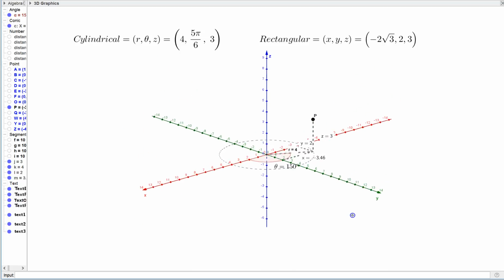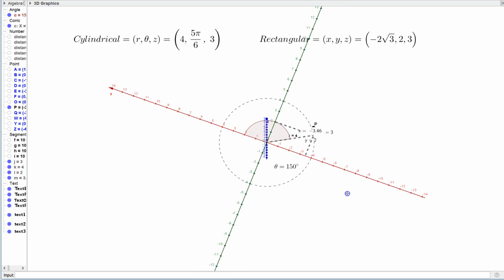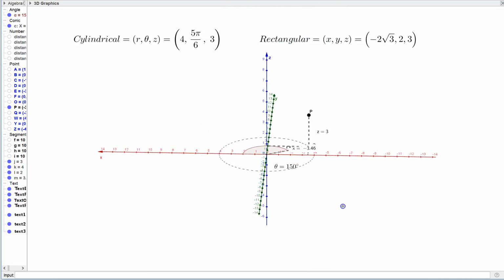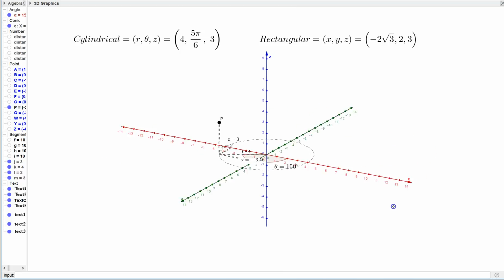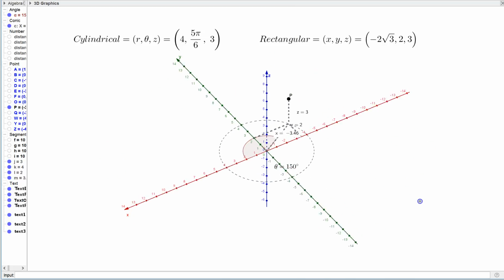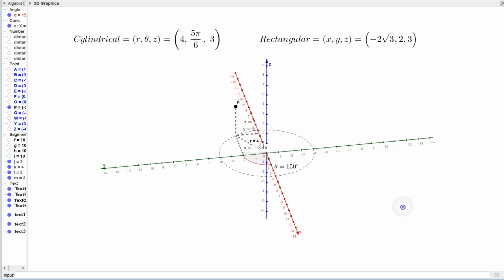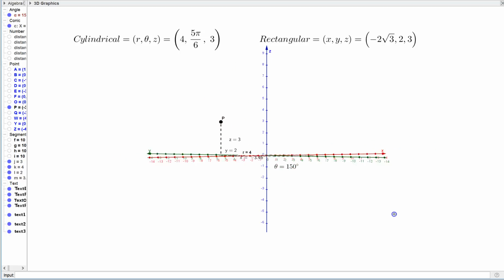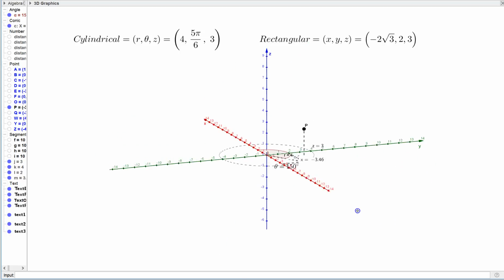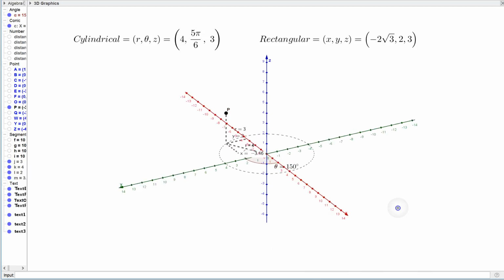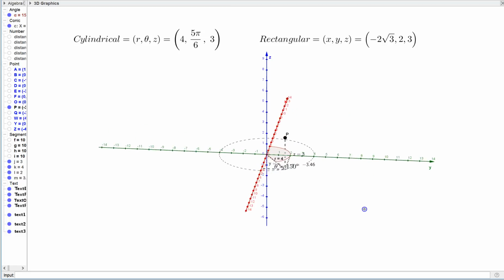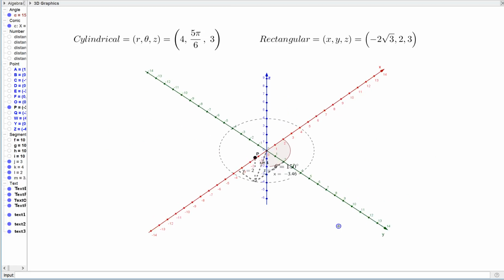As you can see, P is above the xy plane, but that circle and radius are in the xy plane. So it's basically polar coordinates with the ability to go above or below the xy plane.